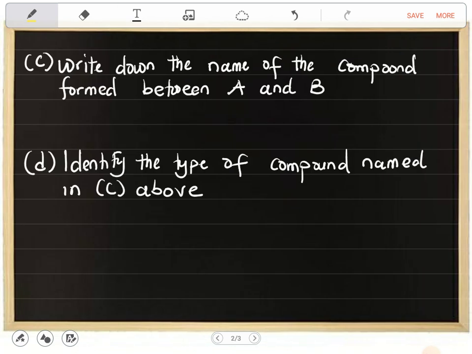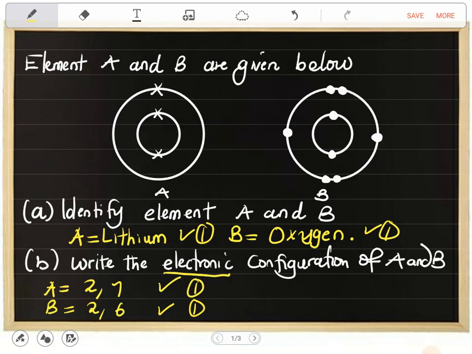The next one says, write down the name of the compound formed between A and B. We need to know the compound formed between A and B. What type of compound? The name of the compound. So we know that we are dealing with lithium as well as oxygen.